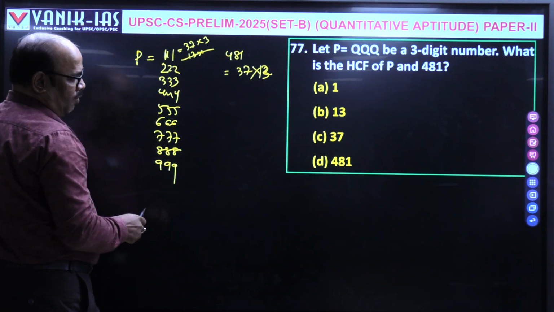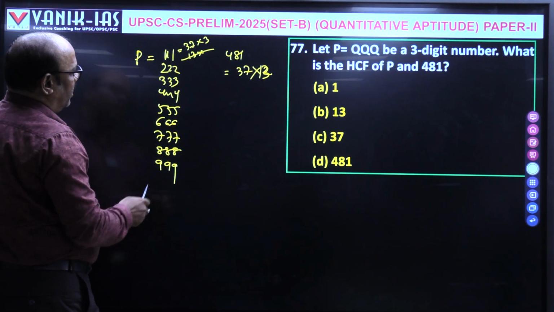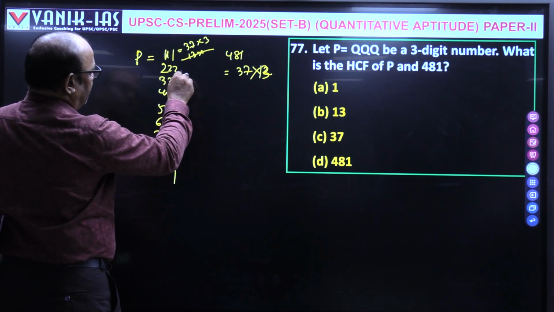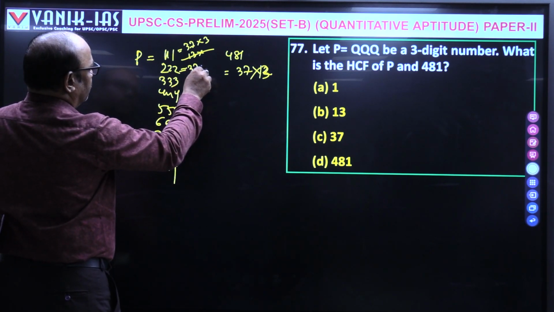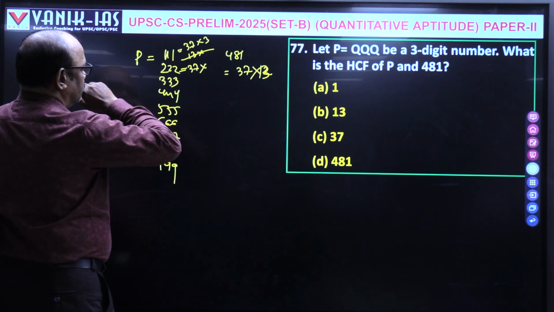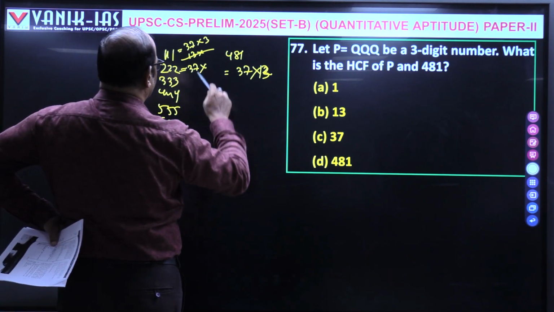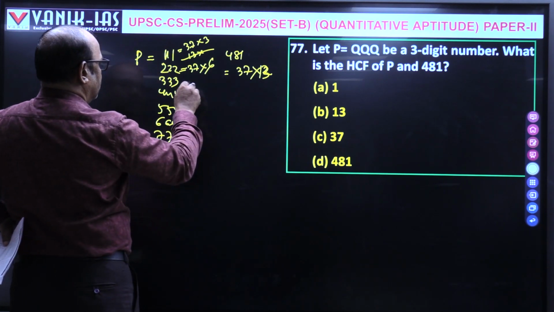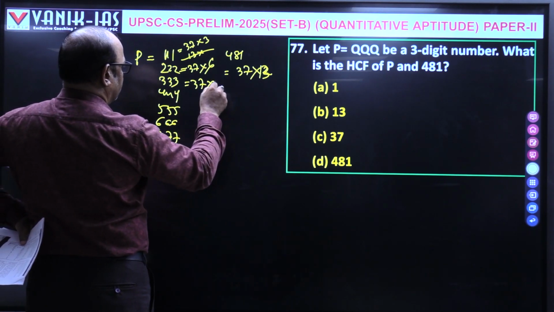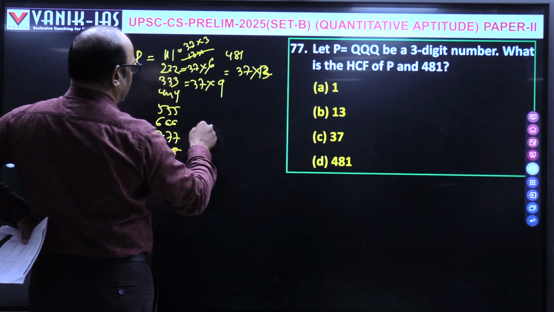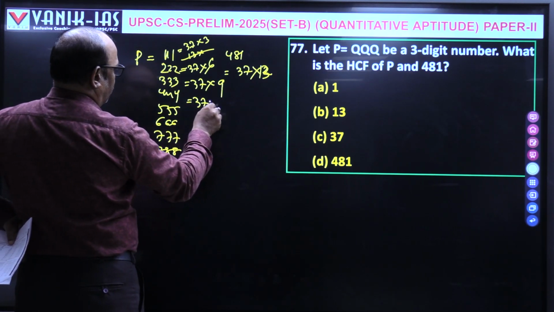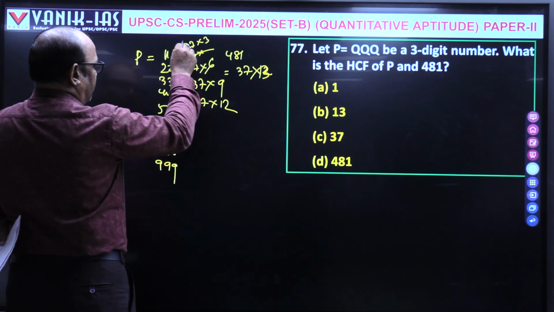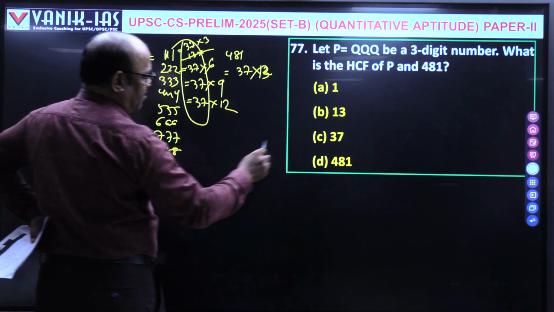That means 37 only is the option. In every case 37 is a factor: 37 into 6, 37 into 9, 37 into 12. I think 37 is a factor in all. That's why the HCF is coming 37.